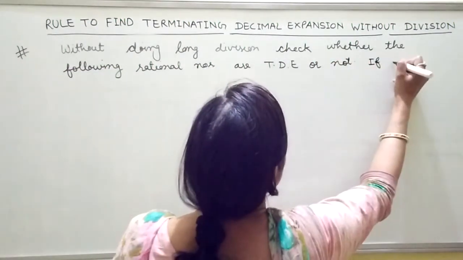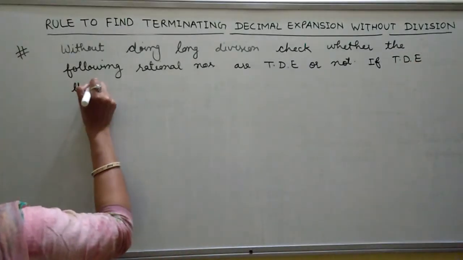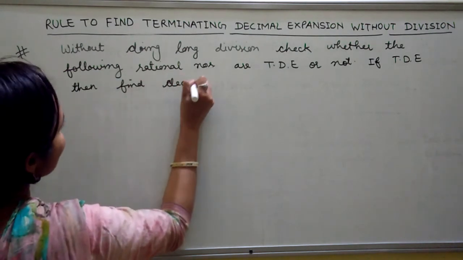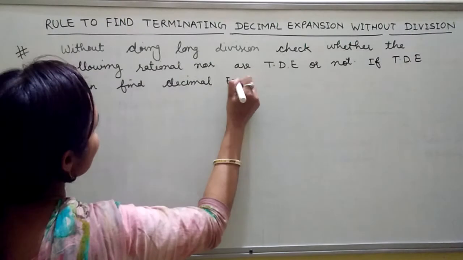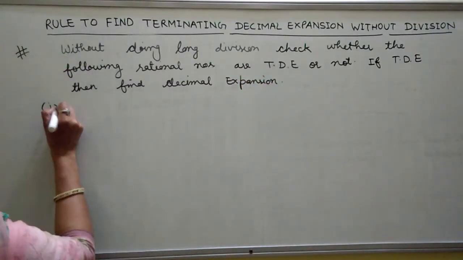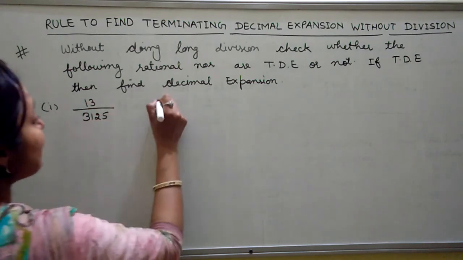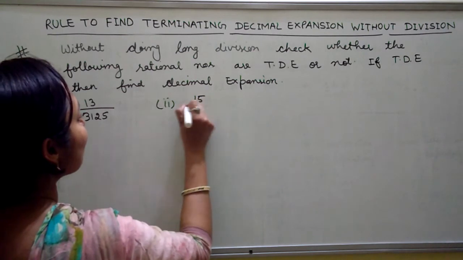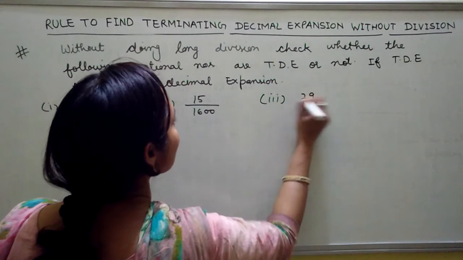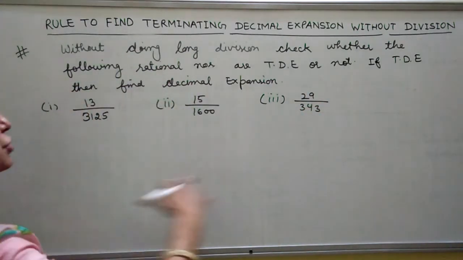If terminating decimal expansion, then find the decimal expansion. First is 13 upon 3125. Second is 15 upon 1600. And third one is 29 upon 343. So we have to check.